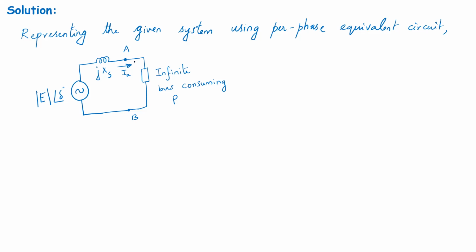Let me redraw the current here so that it is easier for us to work with. Then there is a voltage across the infinite bus, which I'm going to label as V, as magnitude, and I'm going to take this voltage across the infinite bus as the reference voltage, and that is why I choose the angle to be 0 degrees. So representing the given system using the per phase equivalent circuit, I have the circuit diagram.